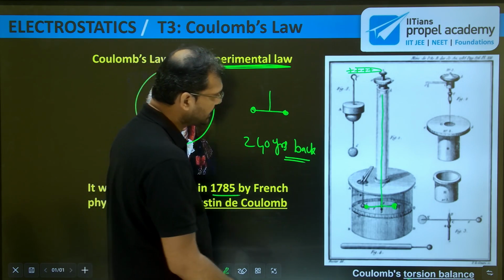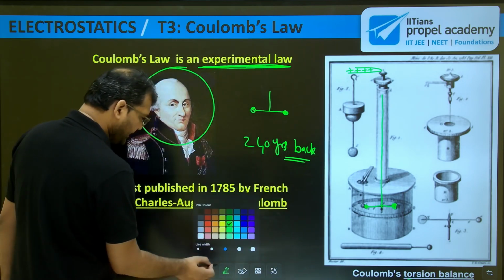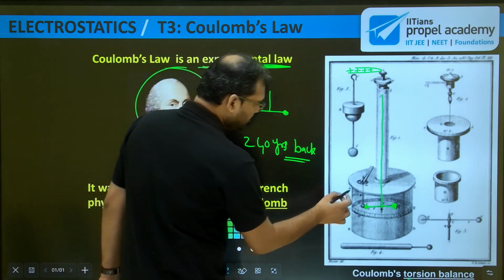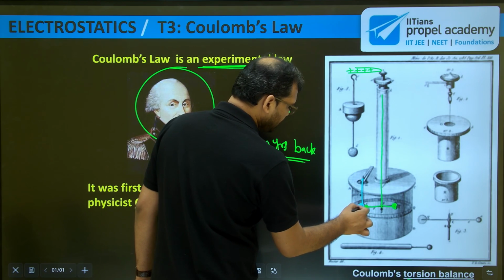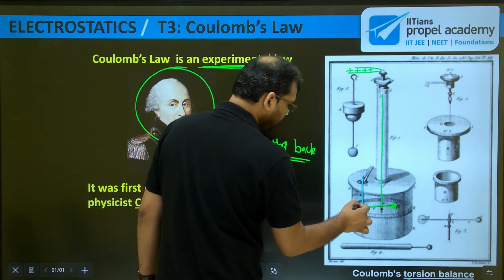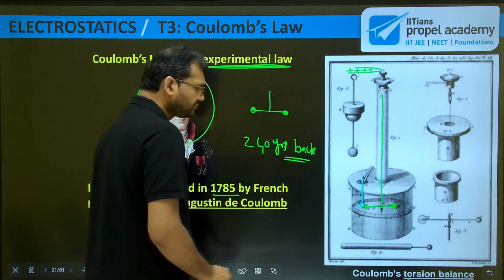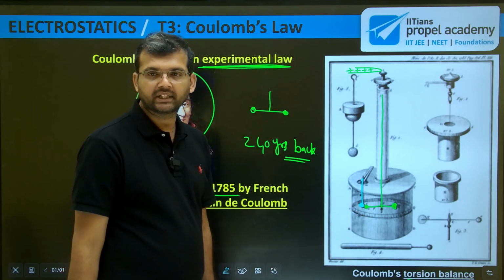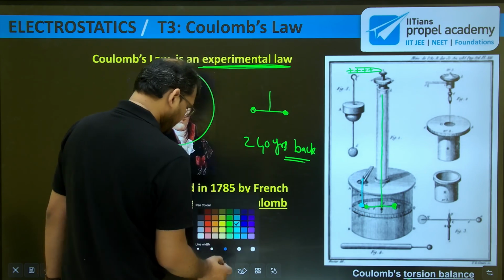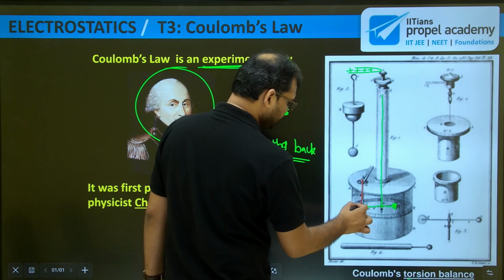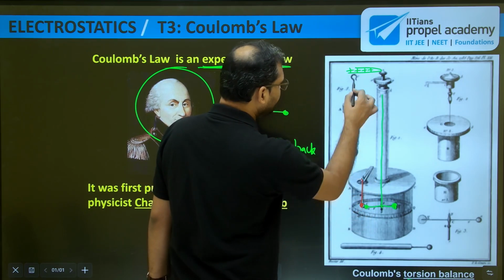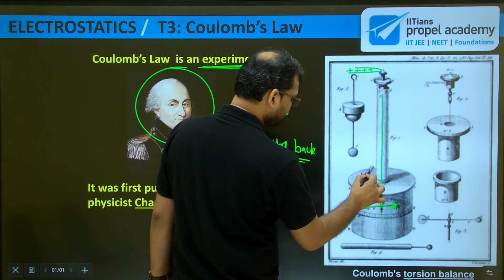So what he did was, he inserted one more cable attached to another sphere. I will show it in a different color so that it will be highlighted. He gave a positive charge to this externally.